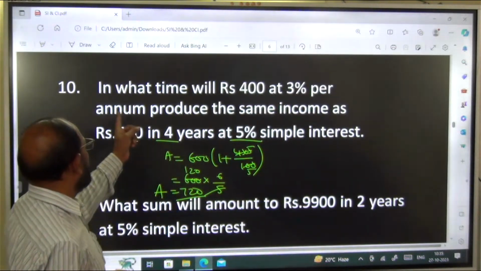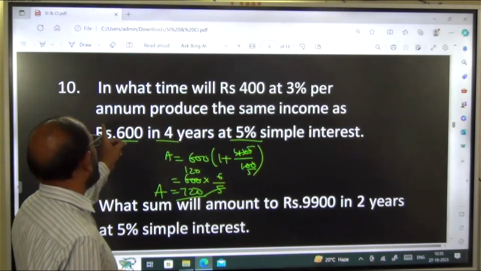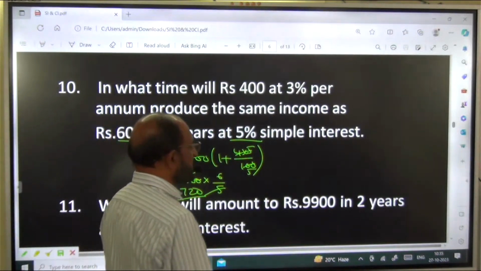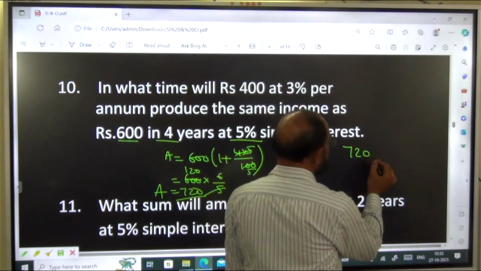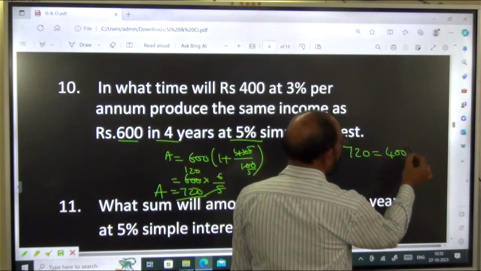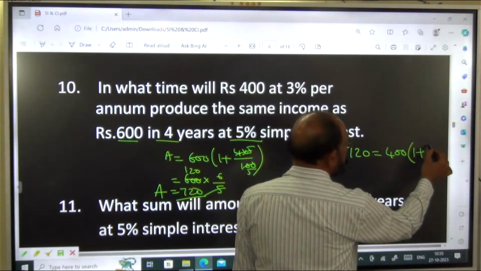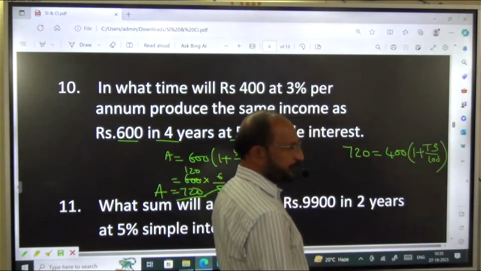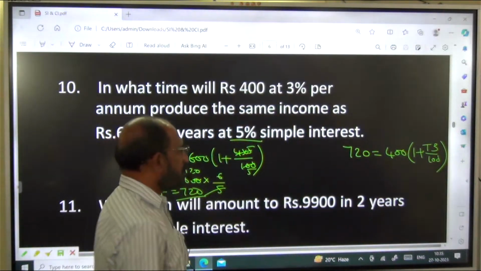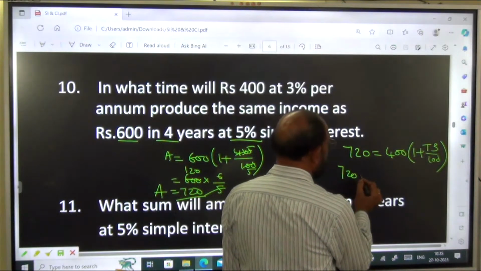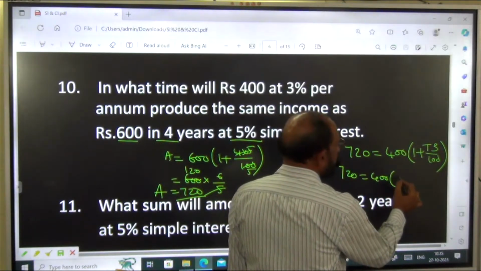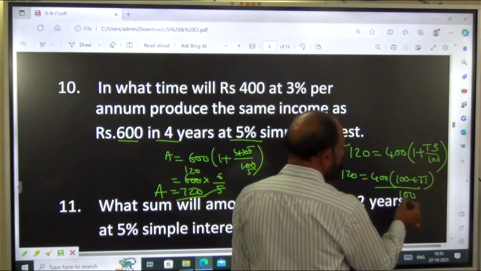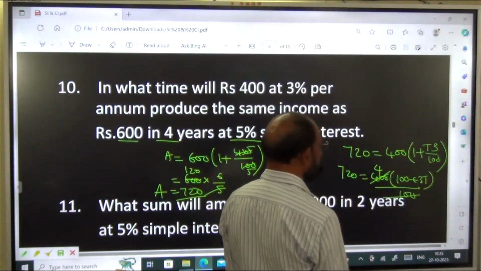Same income amount. In what time will that 400 produce the same amount? So 720 rupees is equal to 400 into 1 plus time, which we don't know, 3 by 100. So 720 is equal to 400 into 100 plus 3t by 100. 100 cancels with 400, 4 times.